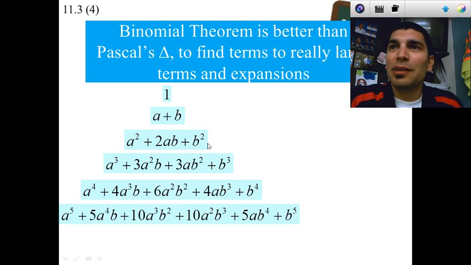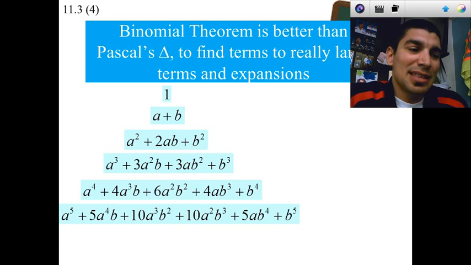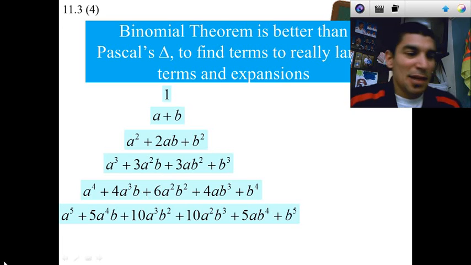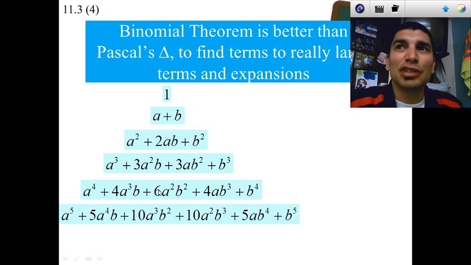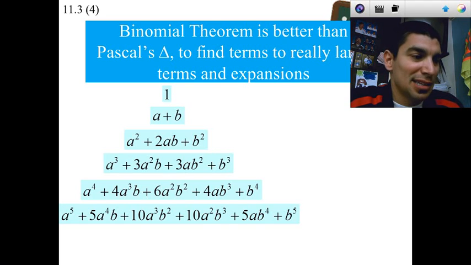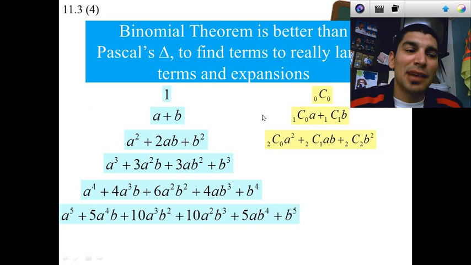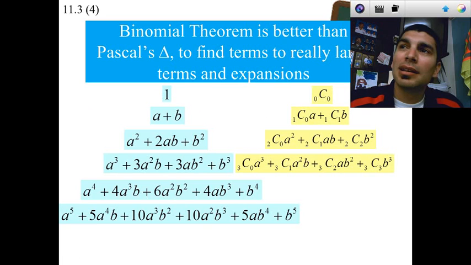Binomial theorem is everything that you learned about Pascal's triangle just in a formula form. I showed this to you when I taught you 11.1. I showed you this triangle that has the numbers and then with an A plus B as we worked it out. It can also be written in terms of combinations with letters and variables.